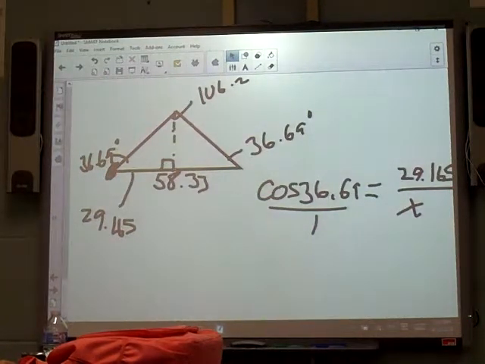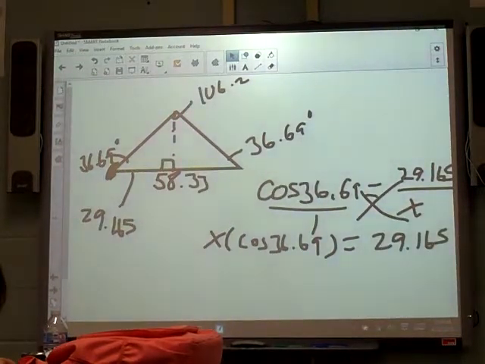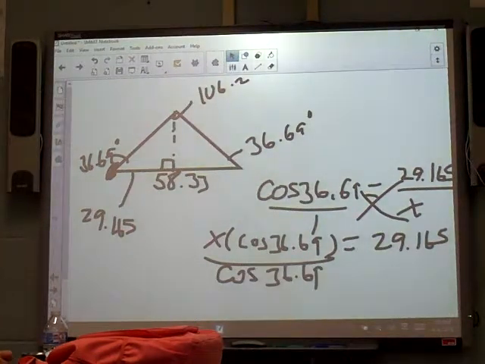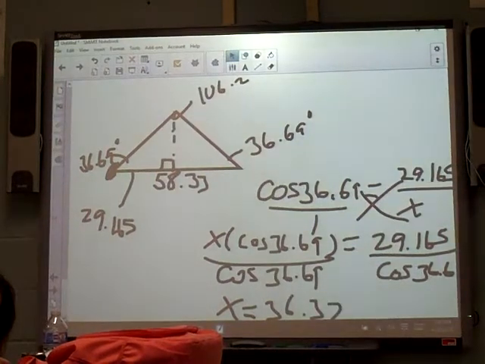So when you cross multiply, you get x times the cosine of 36.69 is equal to 29.165. So you're just dividing by the cosine of 36.69, and I think I got about 36.37 meters. Is that what y'all got? Good deal, Lucille.